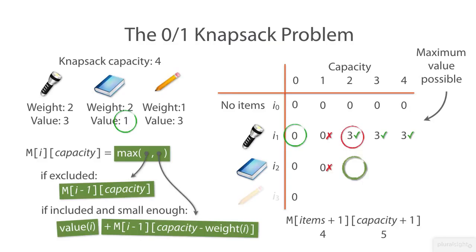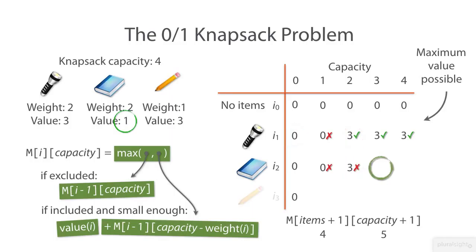That subproblem is marked with the green circle, and in this case its value is 0. The maximum value of these two cases is 3, which comes from the red circle, but in that case we did not include the book. We fill out the M-array accordingly and proceed to the next subproblem.